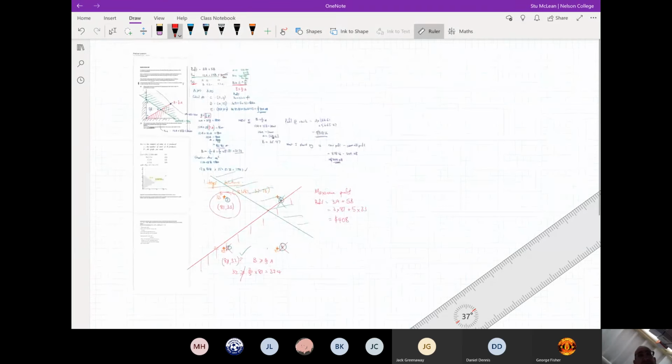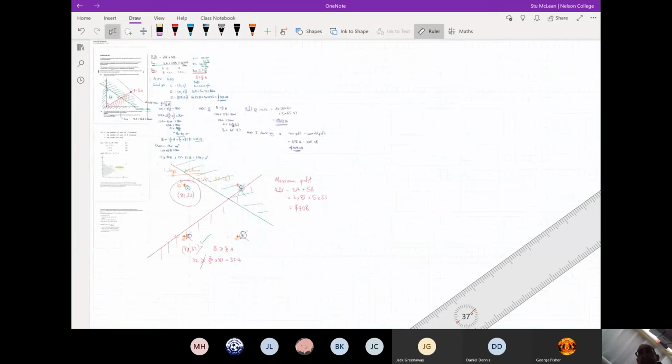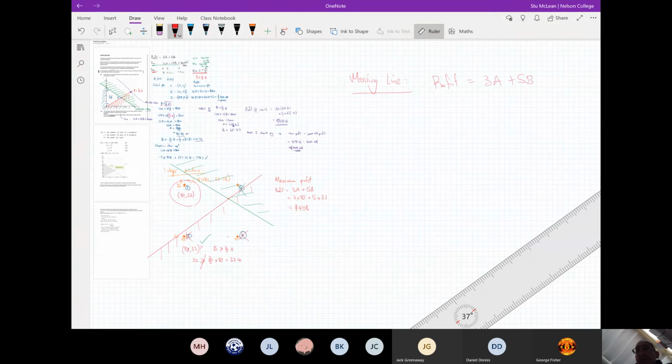Now, the final thing that's worth looking at is the moving line approach. The profit is 3A plus 5B. B is on my y-axis, so I want to rearrange. 5B equals minus 3A plus the profit.